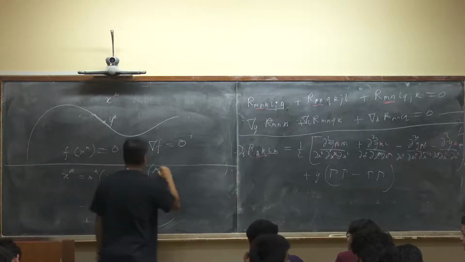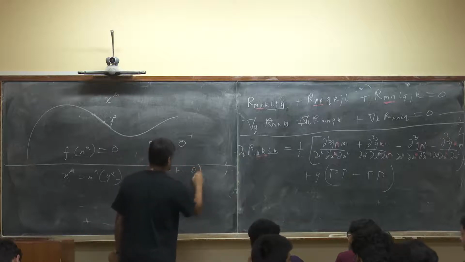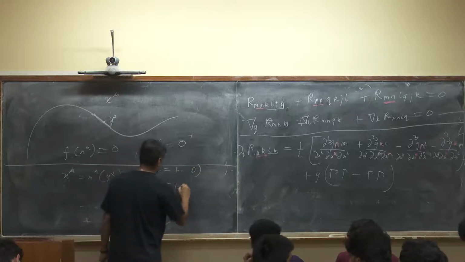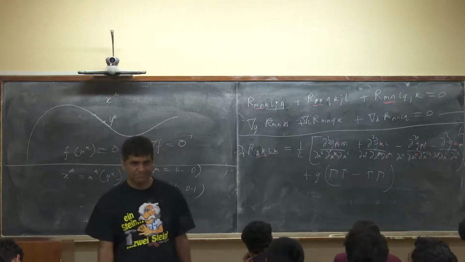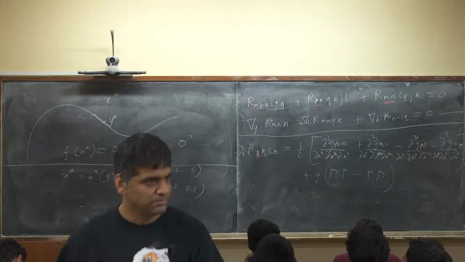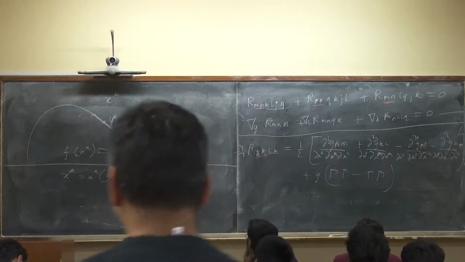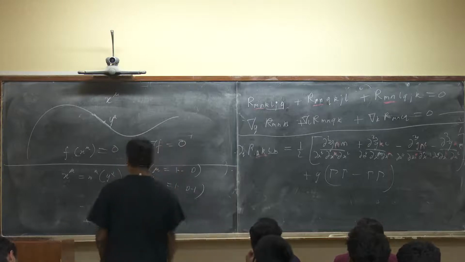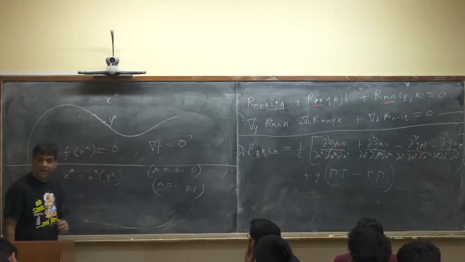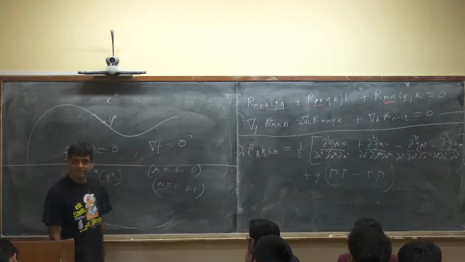By the way, mu runs from 1 to d, and alpha runs from 1 to d minus 1 because it's a hypersurface. Now, I want a metric on the hypersurface in the coordinates y alpha.